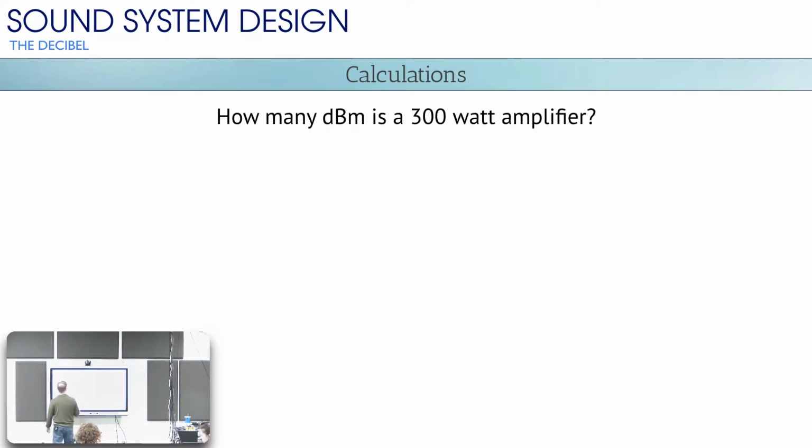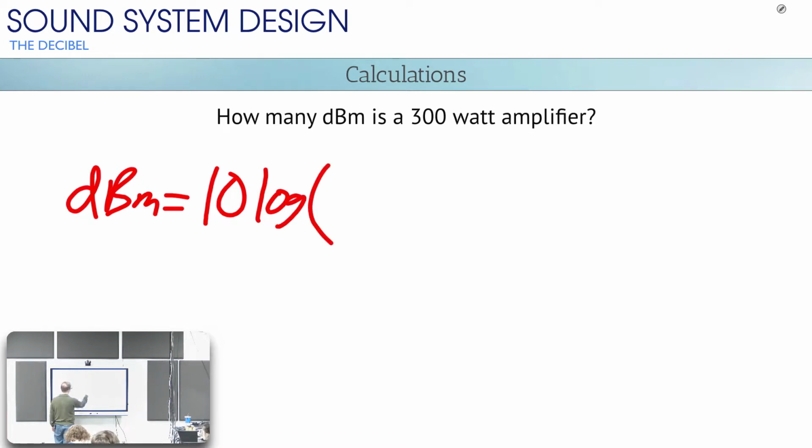So remember, what is the mathematical definition of dBm? Well, 0 dBm equals 0.001 watts, but dBm in general, 10 for power. 10 times the log of x divided by 0.001, right?